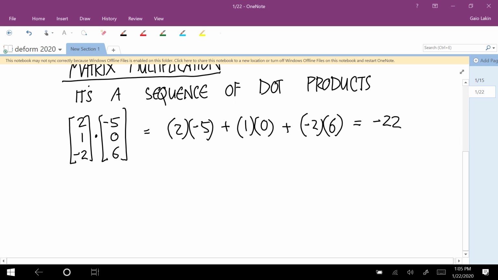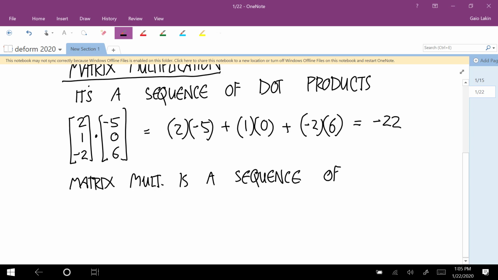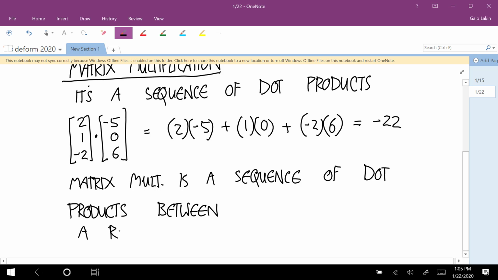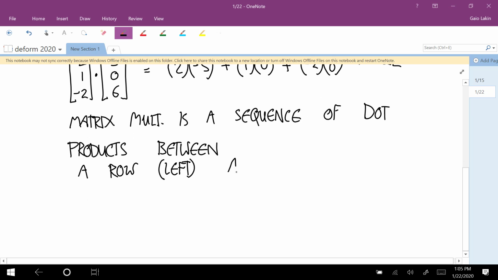Well, matrix multiplication is always the dot product of a row and a column. Or it's a sequence of dot products between a row on the left and a column on the right.